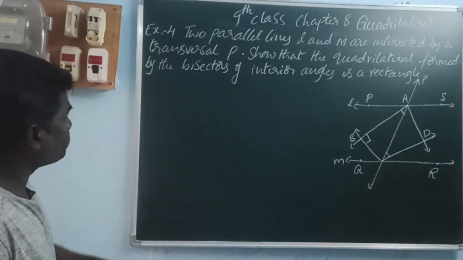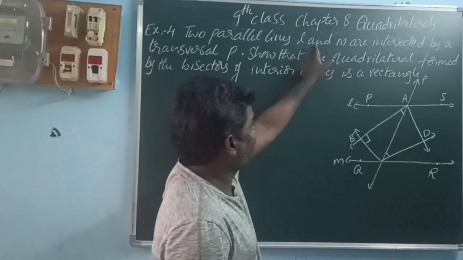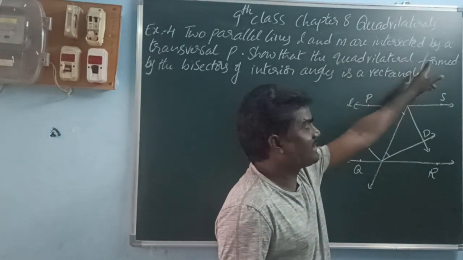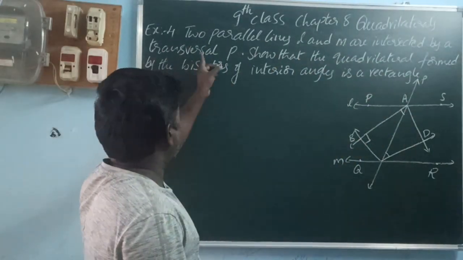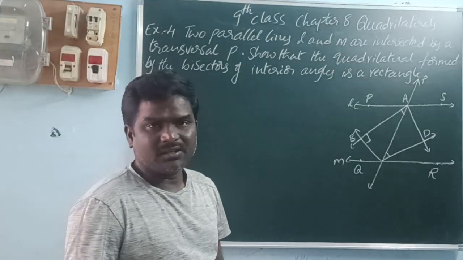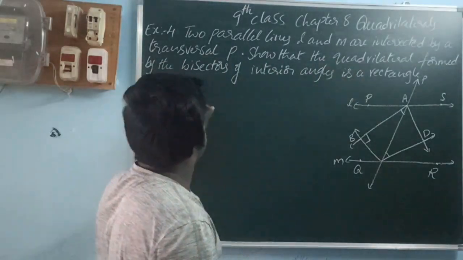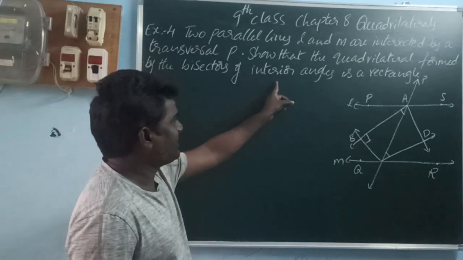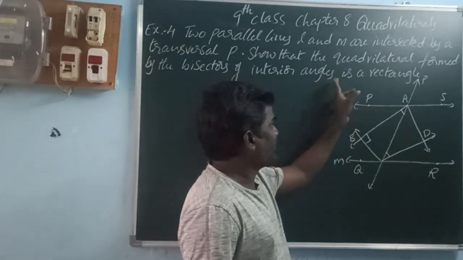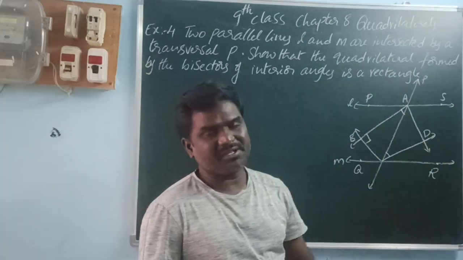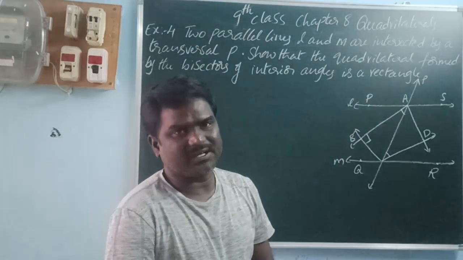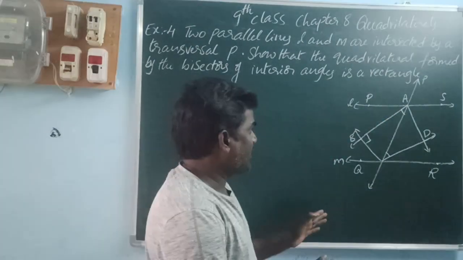So here, two parallel lines L and M are intersected by a transversal line P. Show that the quadrilateral formed by the bisectors of interior angles is a rectangle. Bisector means dividing into two equal parts.